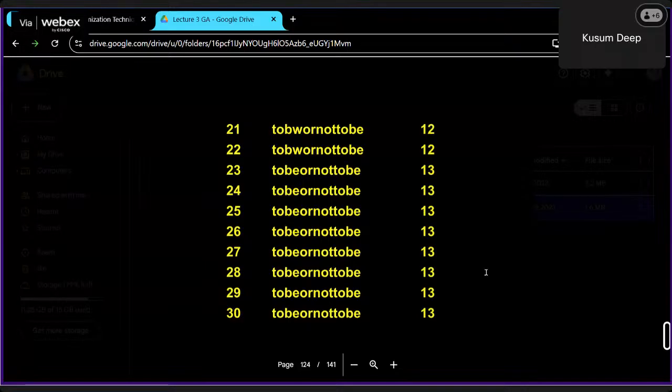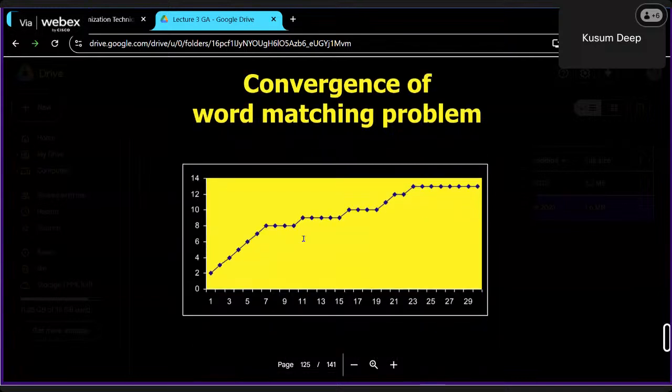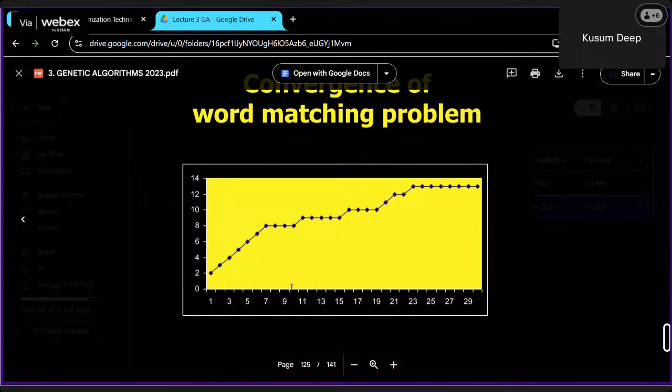From the 23rd generation onwards, all the bits are matching. In fact, I can plot this information as a convergence graph.